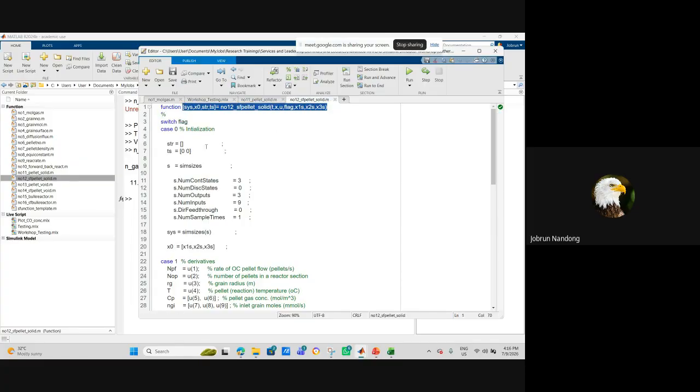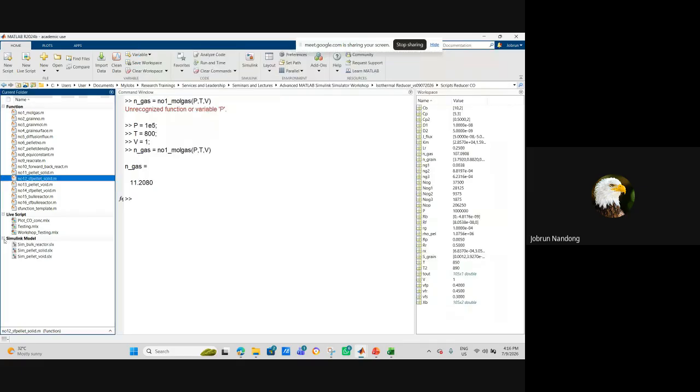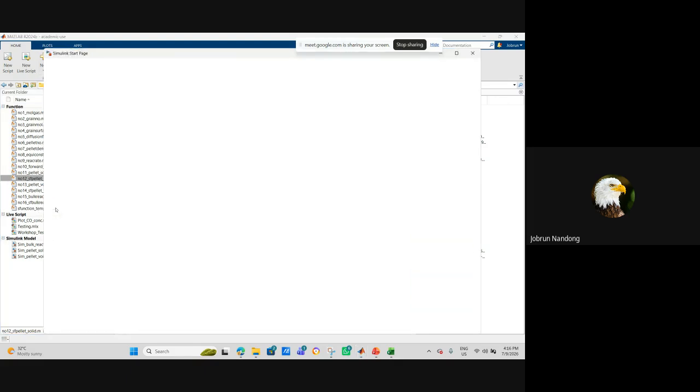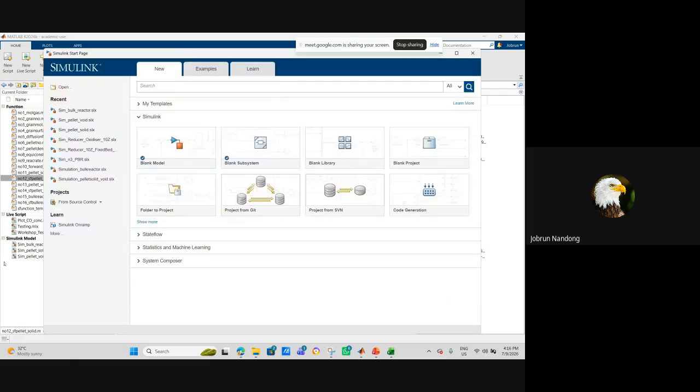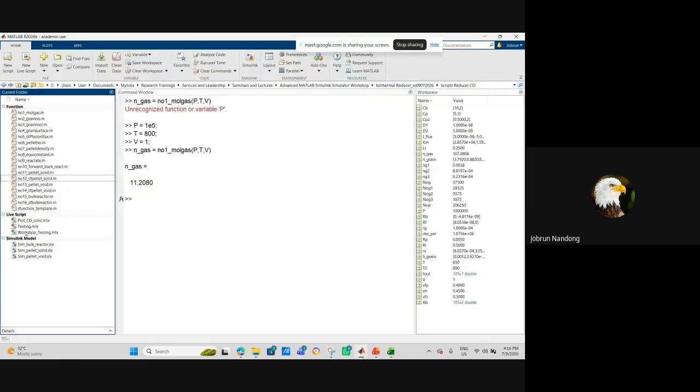Okay, and then after that, what you can do is that you go to Simulink. Maybe I just go once you reach this point, you already have the bridge there, so you go to new. You go to Simulink model. Click this one. Again, you already have the Simulink model developed there.